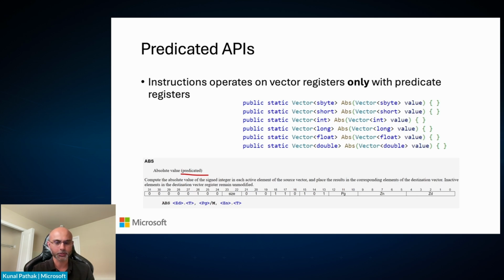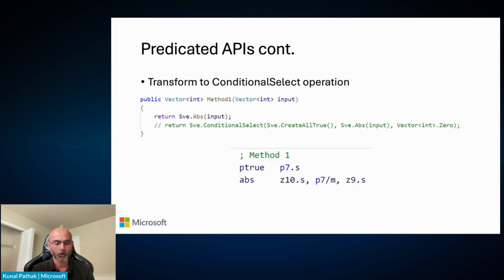And I'll show you how we were able to generate this predicate operand or predicate register content just by taking this one source operand. So what we did was we just wrapped the ABS method call into a conditional select. What that does is it manifests the predicate value to be all true.